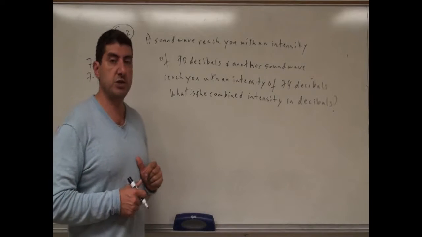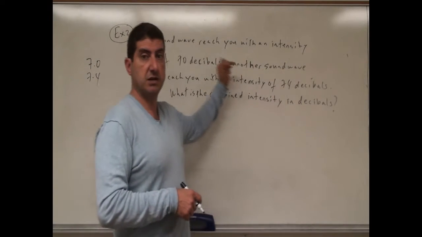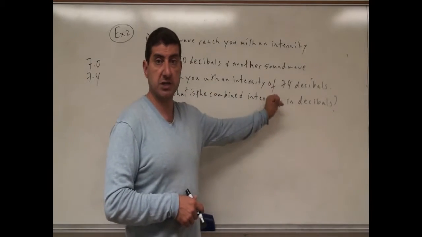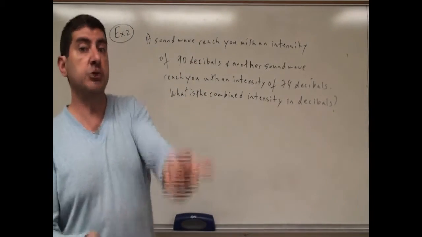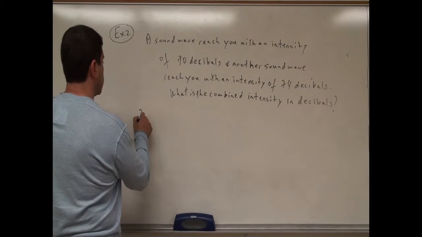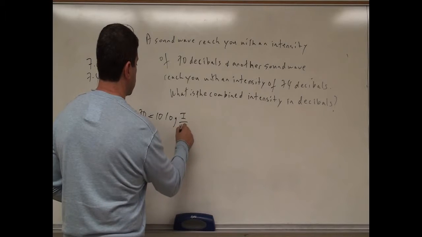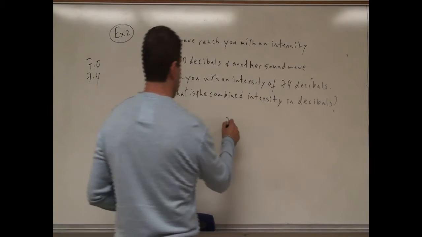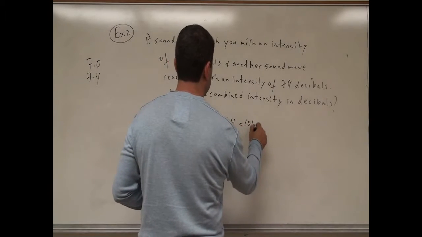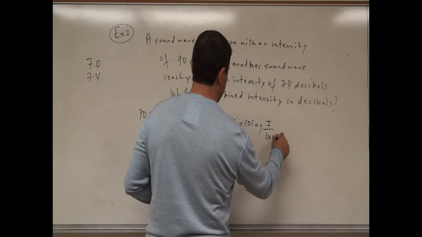The way you're going to do this is you're going to solve for the actual intensity of the sound source in each case. You're going to add them up. Then you're going to convert back to the log scale. So you're going to do 70 is equal to 10 log of I over 1 times 10 to the minus 12. 74 is equal to 10 log of I over 1 times 10 to the minus 12.